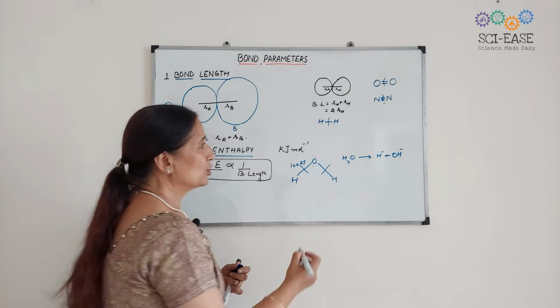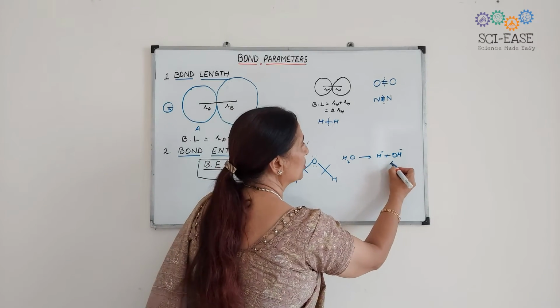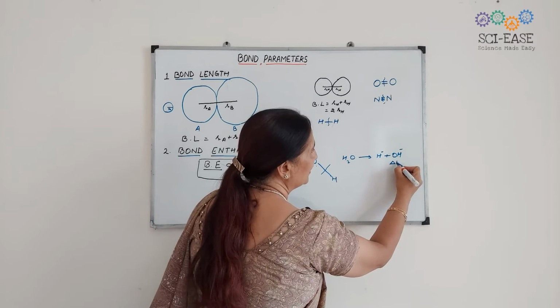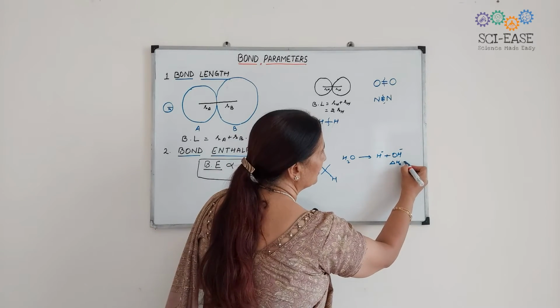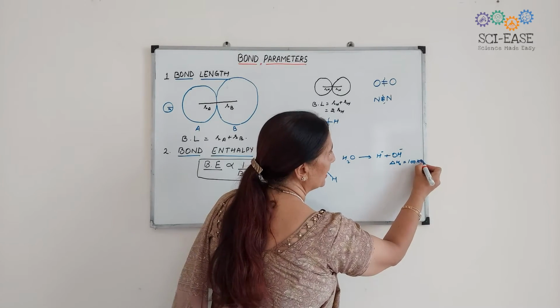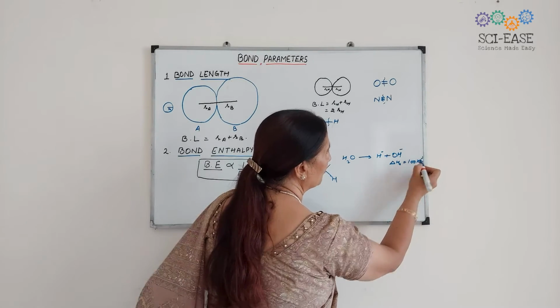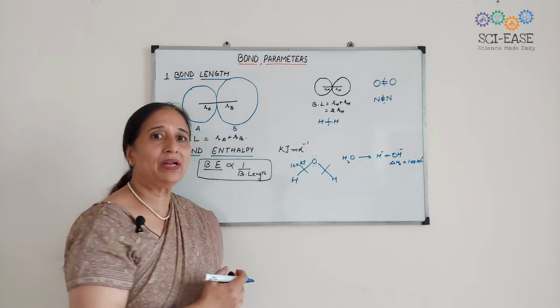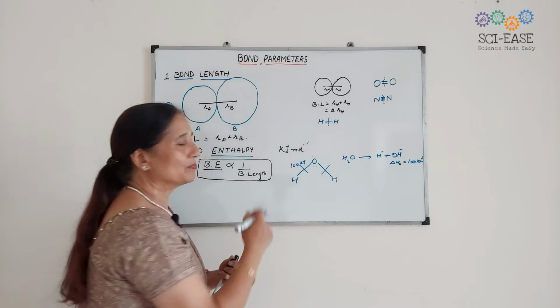Okay? So suppose that the energy required here is 100, hypothetical, 100 kilojoule per mole. You will say that again 100 will be required to break this bond.